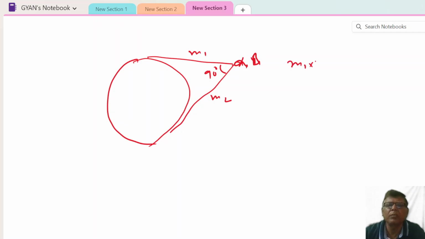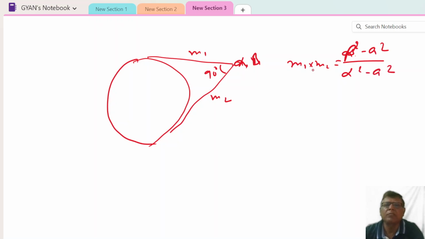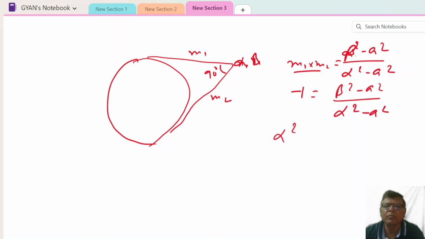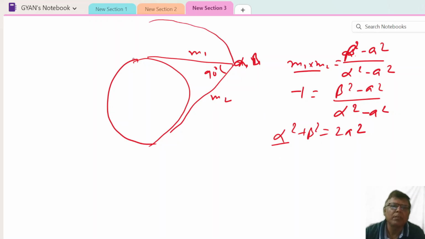So m1 into m2 will be beta square minus a square divided by alpha square minus a square. And we know that if this is 90 degree, then this will be minus 1. So minus 1 is equal to beta square minus a square over alpha square minus a square. Solve it: alpha square plus beta square is equal to 2a square. Now this point is varying and the angle is always 90 degree, so this will make a circle.